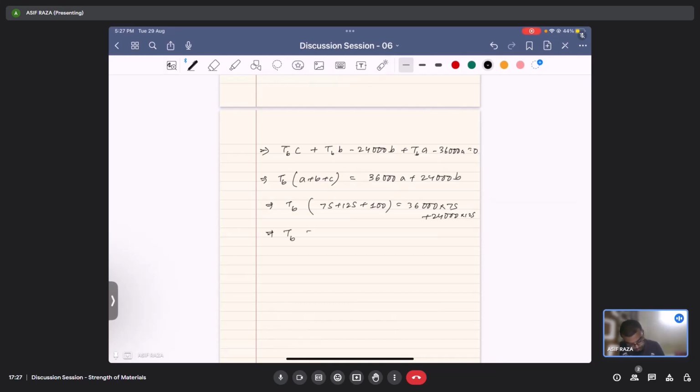This will give me TB value as 36,000 into 75 plus 24,000 into 125 divided by 75 plus 125 plus 100. This gives me 19,000 kg centimeter, right? Yeah.